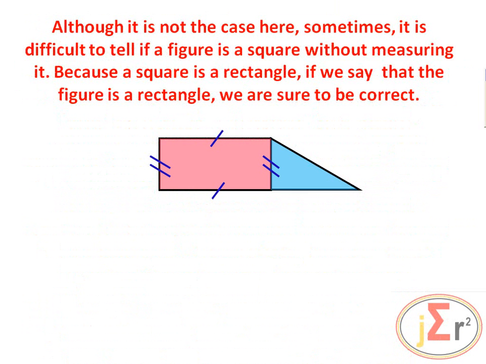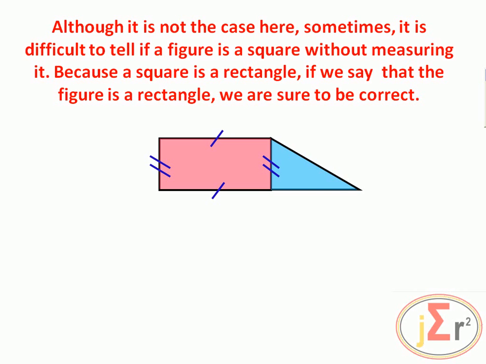Although it is not the case here, sometimes it is difficult to tell if a figure is a square without measuring it, because a square is a rectangle. If we say that the figure is a rectangle, we are sure to be correct. Now, if we have a diagram that seems as if all of the sides are equal, maybe it is difficult for you to tell.